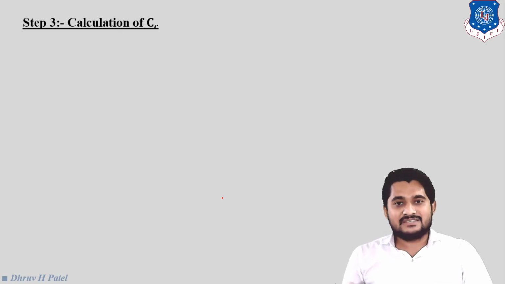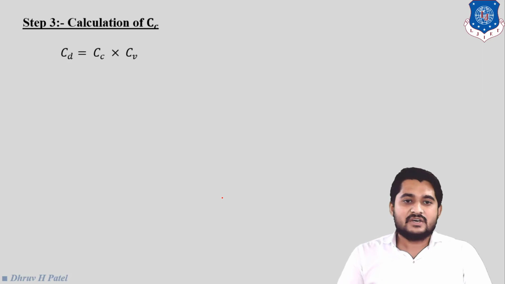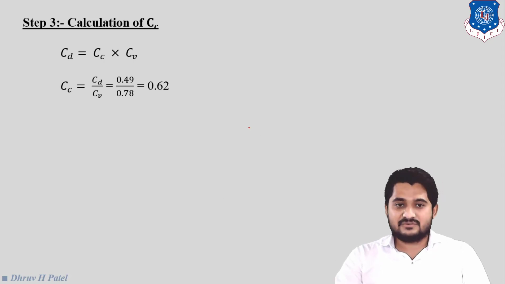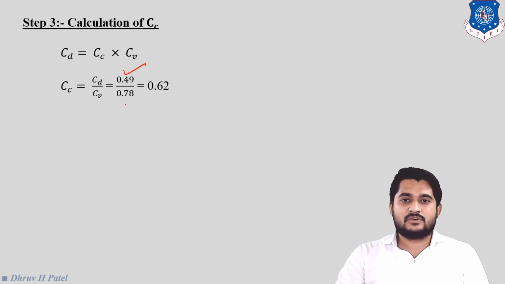So we can easily use another equation of the CC, that will be CD is equal to CC into CV. Now we have to find out CC. So CC is equal to CD divided by CV. Here we have CD is equal to 0.49 and CV is equal to 0.78. So our value of CC will be 0.62, right?